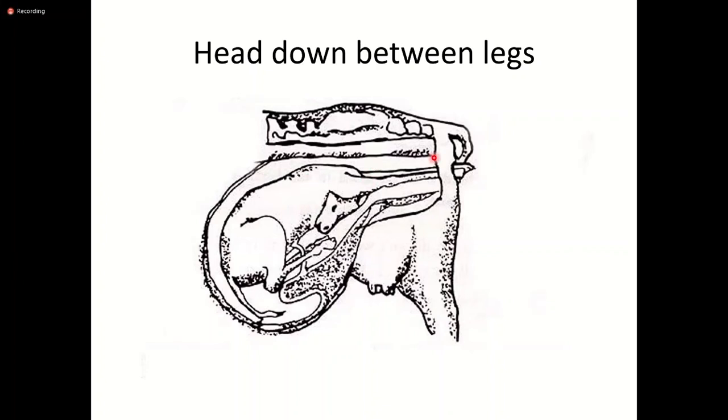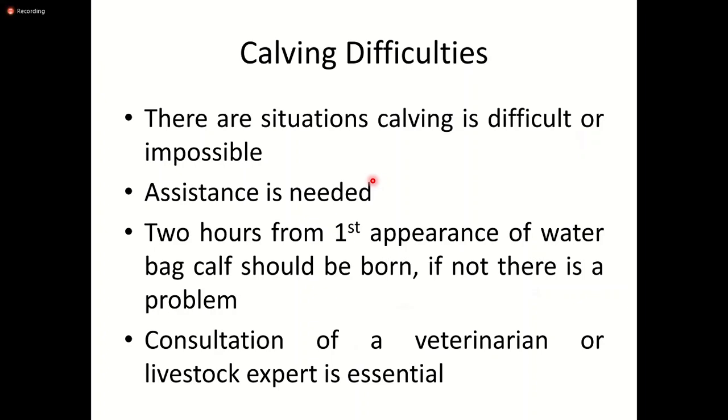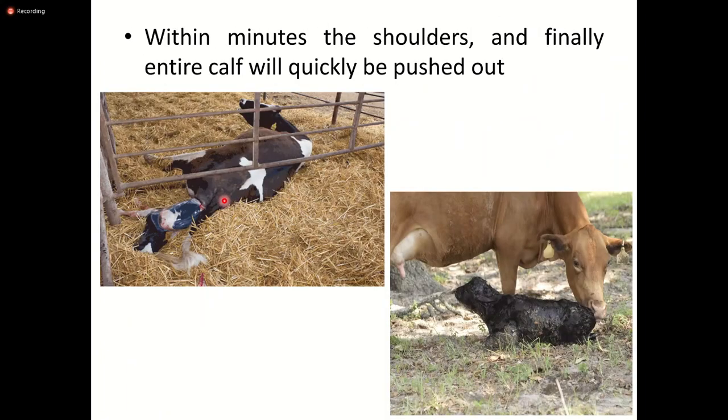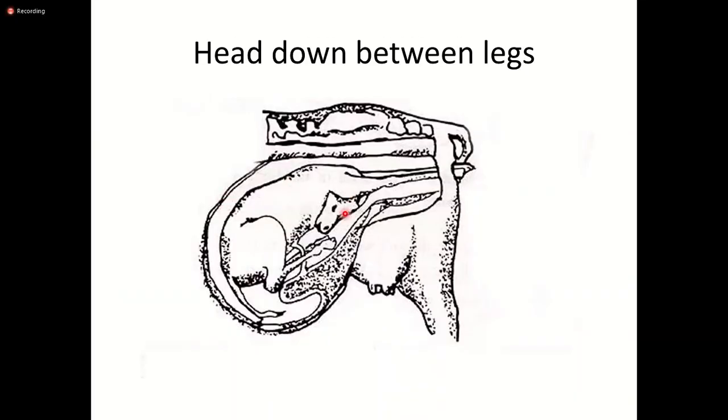In some cases, you might see it like this. Yes, the front legs are coming first, but the head is down between the legs. It should be like this, right? If you can remember, this is the normal position. You can see the normal position over here, but here you can see the bent head. So this is one of the issues.